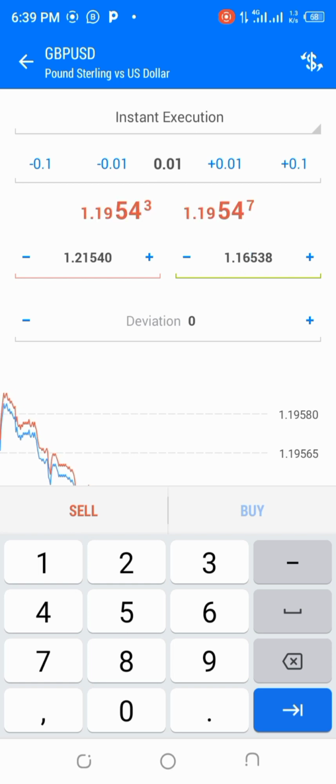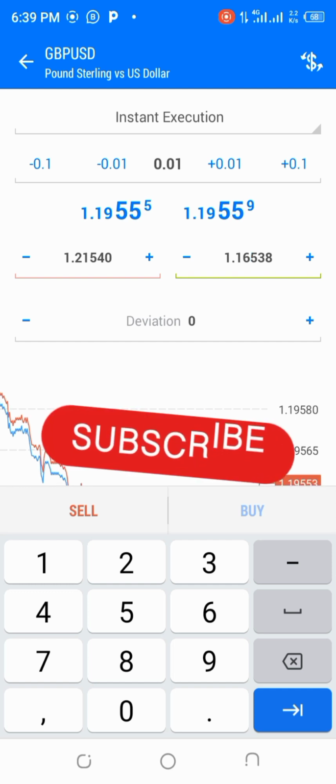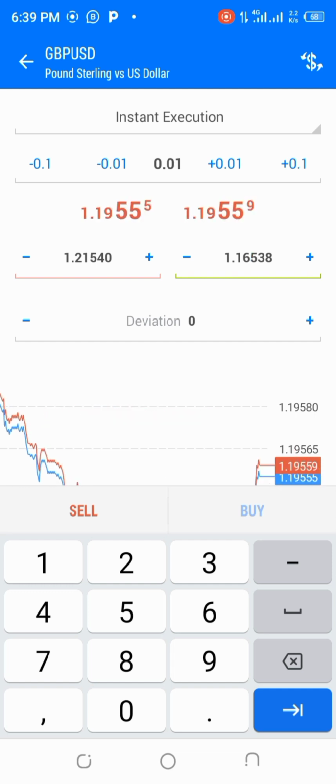I hope you understand. So if we sell, the stop loss is higher than our take profit, and for a buy, our take profit is higher than our stop loss.